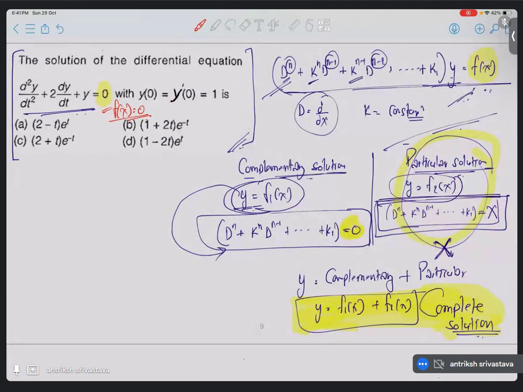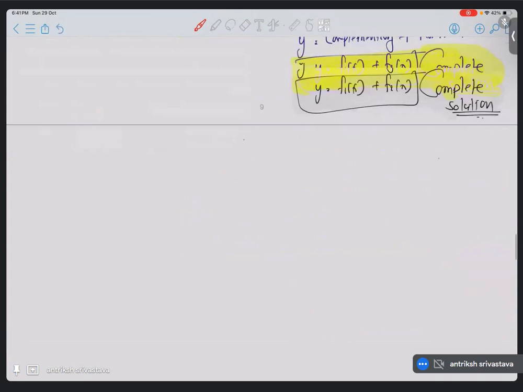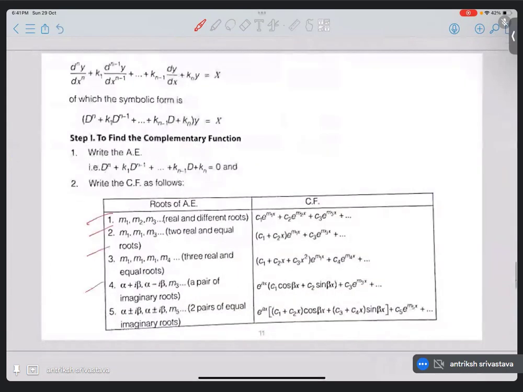It is actually just a matter of memorizing these steps. For the complementary solution, it is a little bit easier to look at the steps for these cases. Usually you will get at max up to 4 cases.